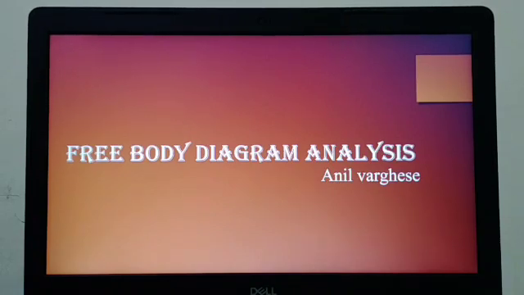The first case we are considering is the motion of two bodies in contact. I will explain the situation first. Let two bodies of masses m1 and m2 be placed in contact.